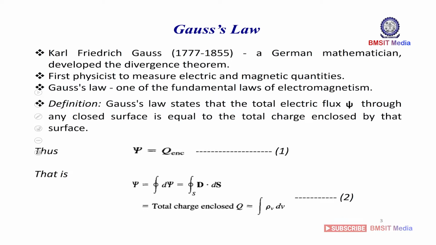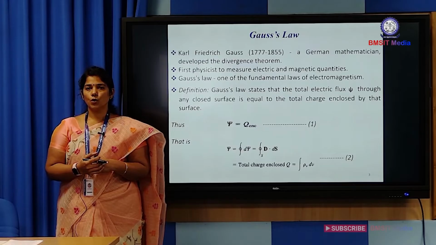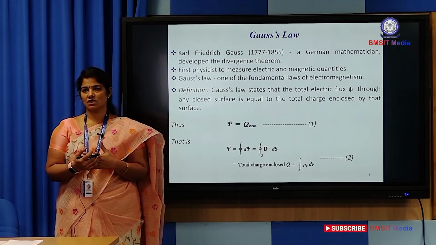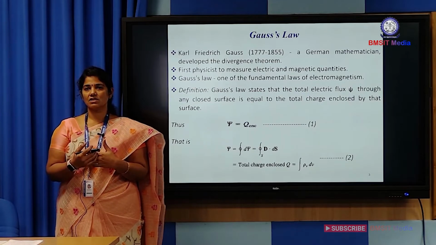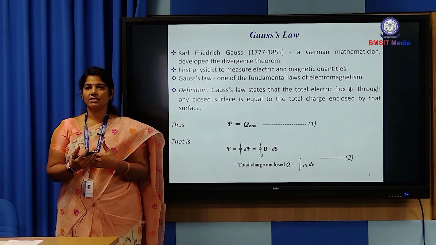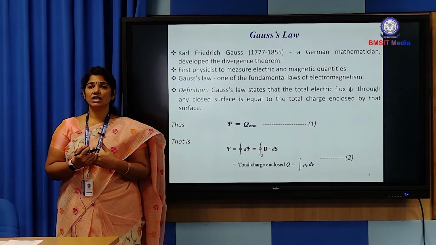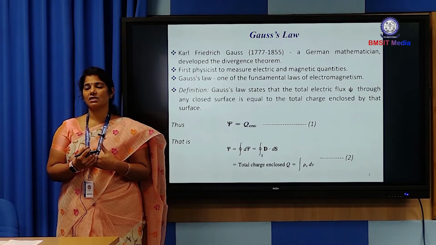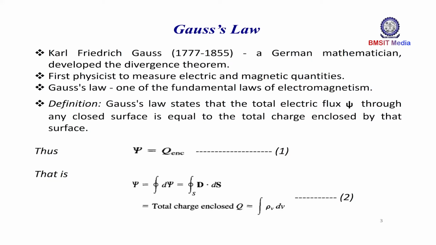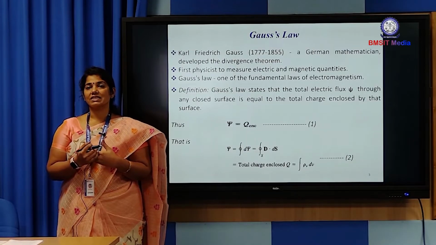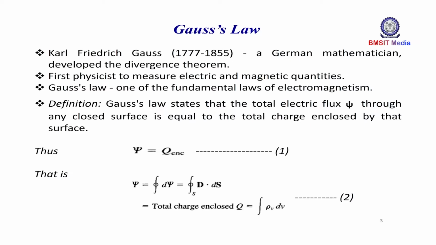During the years 1777 to 1855, who invented this divergence theorem? By using this divergence theorem, he explained what Gauss law is. A German mathematician called Friedrich Gauss, who was born in the year 1777 and died in the year 1855, developed the divergence theorem, and the divergence theorem is usually well known by his name, Gauss.